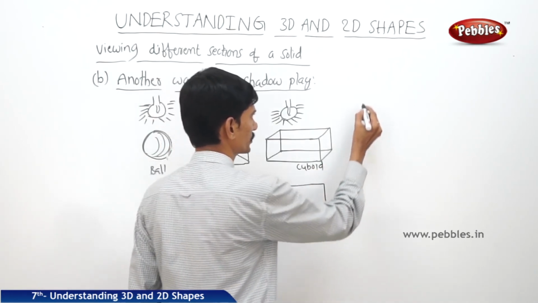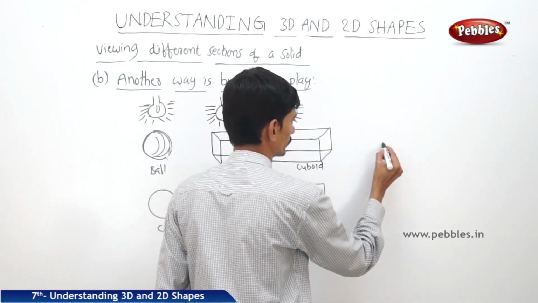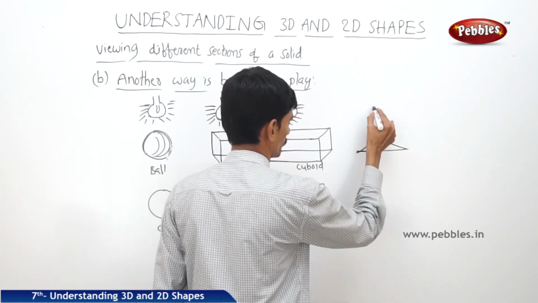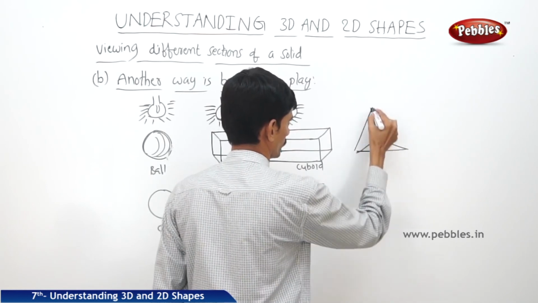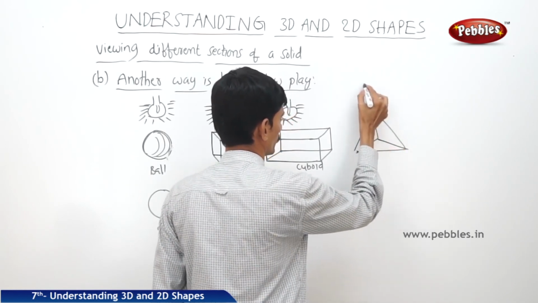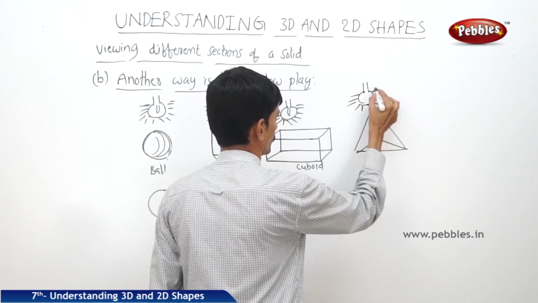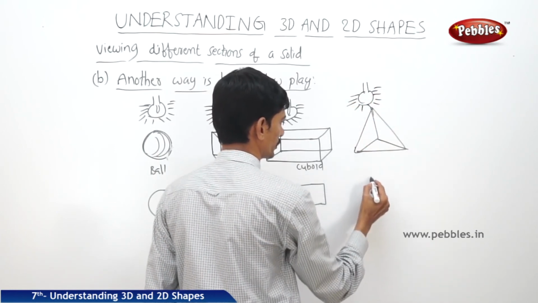And if you take any triangular prism, then you will get the shape of a triangle.